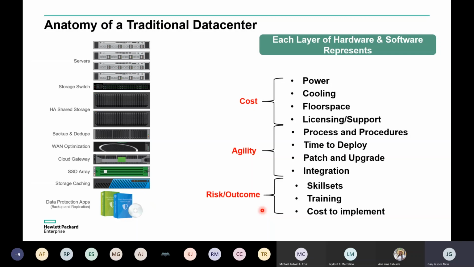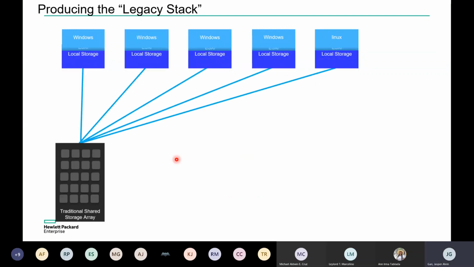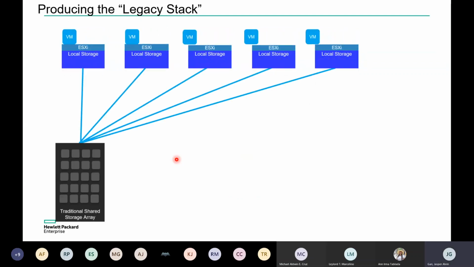The skill set that the company needs to invest in, having a separate server admin and a separate storage admin, and the training they need to realize the benefits of the infrastructure. And lastly, the cost to implement such a complex infrastructure. So that's why I would show you how we make that complex data center simpler with HPE Simplivity. Usually, this is what our data centers currently look like.